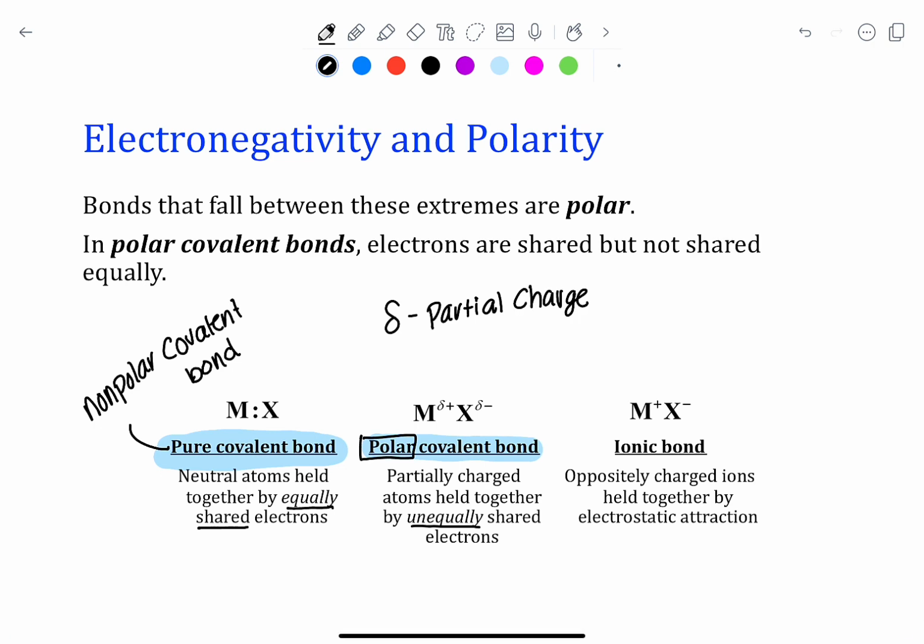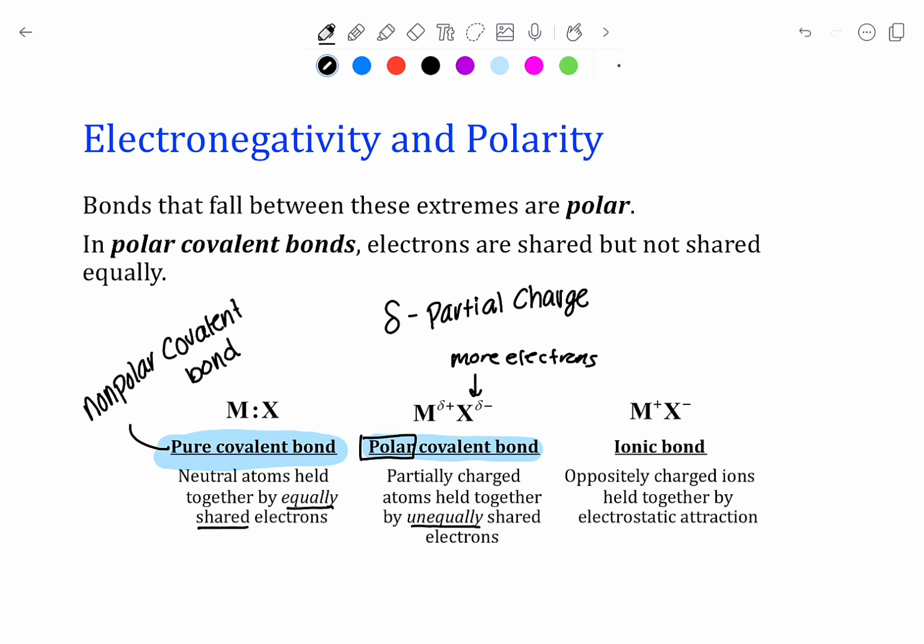So in the case of what we have here, we have a partial positive and a partial negative. So one side has more electrons than the other. So the electrons are being pulled towards the partial negative rather than the partial positive. Because the electrons are being pulled towards one, it creates an area of more negative and more positive portions.